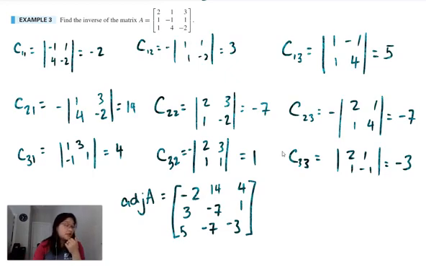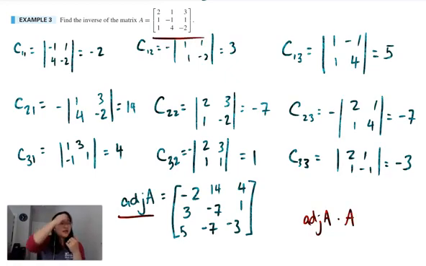And how can we do that? Well, if we take our adjugate and multiply it by our original matrix A, then we should end up with our determinant times our identity matrix. So set that up, and then we'll see if we get it.